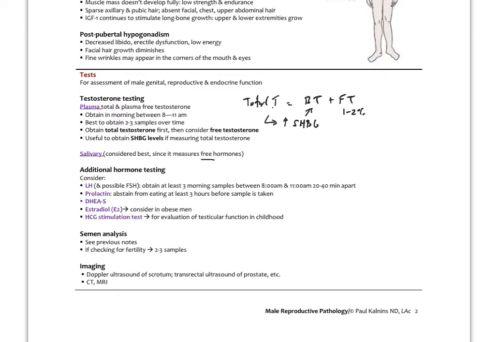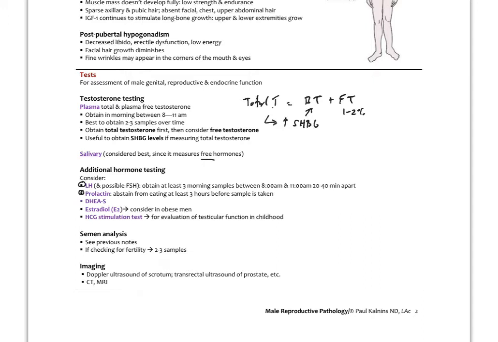Additional hormones that are looked at for evaluating the male endocrine function would be luteinizing hormone. And usually, again, we get morning samples, at least 2 or 3, and that's usually taken at the same time that we get the plasma testosterone level. Prolactin, again, elevated prolactin. So prolactin in the physiologic range actually enhances the effects of luteinizing hormone in the testes.